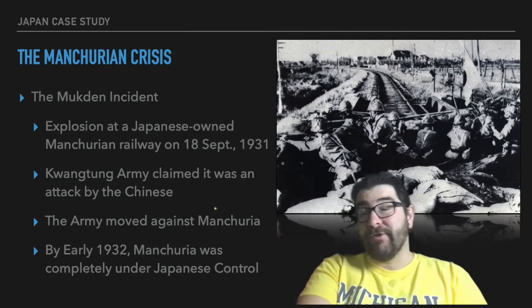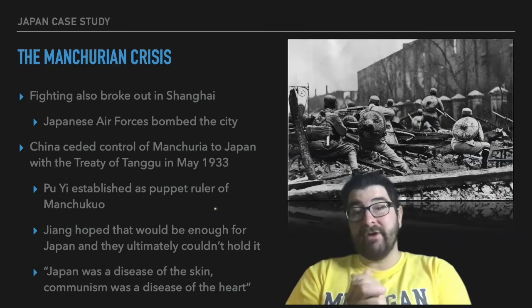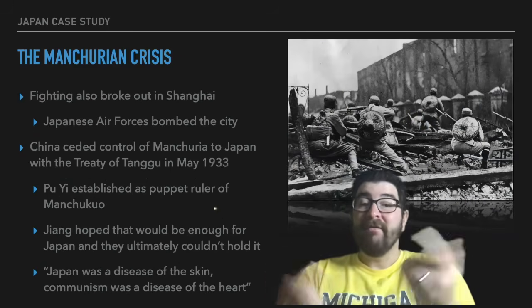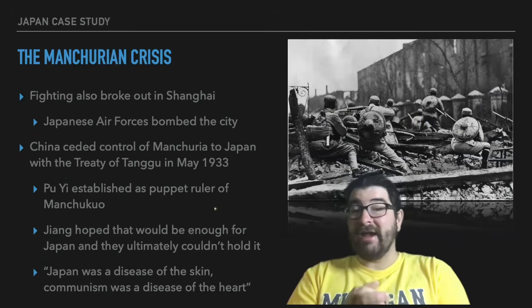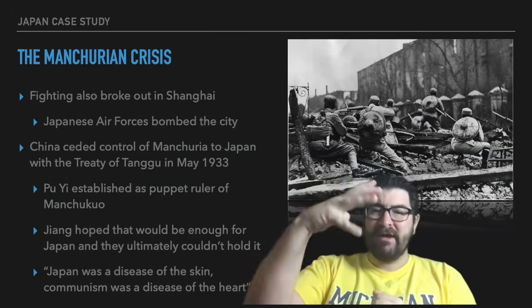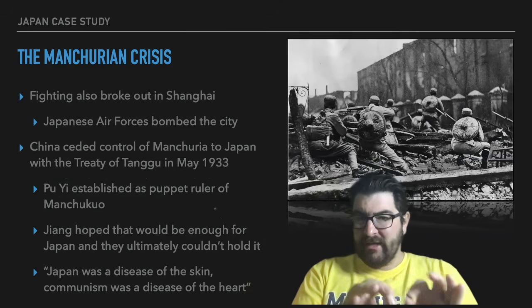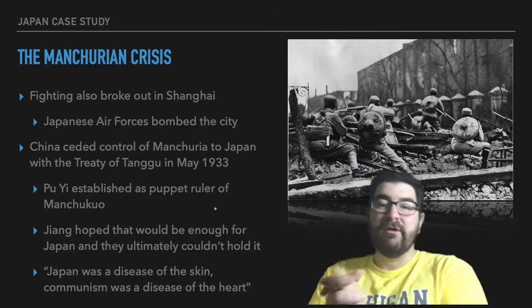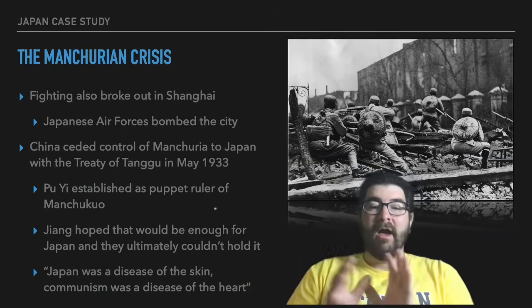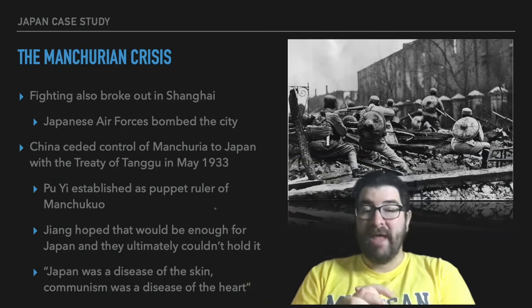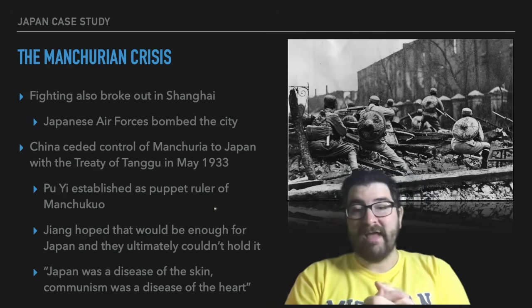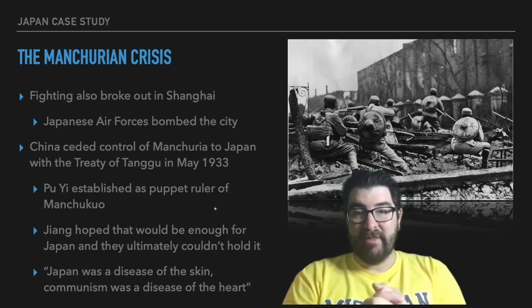By early 1932, Manchuria is completely under Japanese control. Fighting will also break out in the Chinese city of Shanghai. The Japanese air forces will bomb the city, and ultimately, Zheng Jixi and China will concede control of Manchuria over to Japan with what is known as the Treaty of Tanggu in May of 1933.